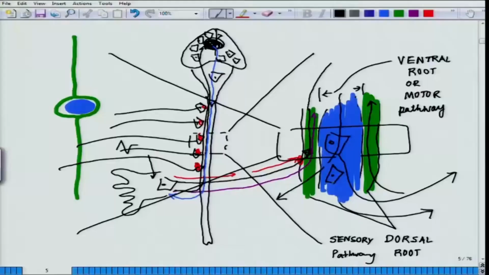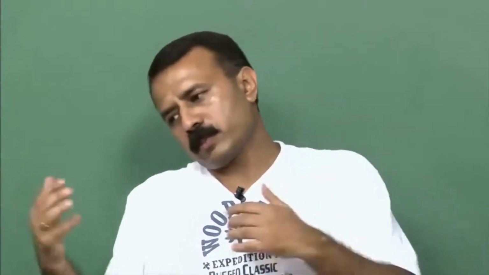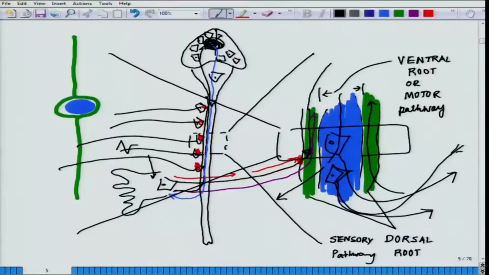So, just to give you a practical understanding of this, most of the time you will see during car crash or accident, or any kind of spinal cord injuries, a person becomes paralyzed. They are unable to move their hands or some part of the body or some side of the body. Basically what happens in that situation is this: the neurons which are present on the ventral pathway get damaged.